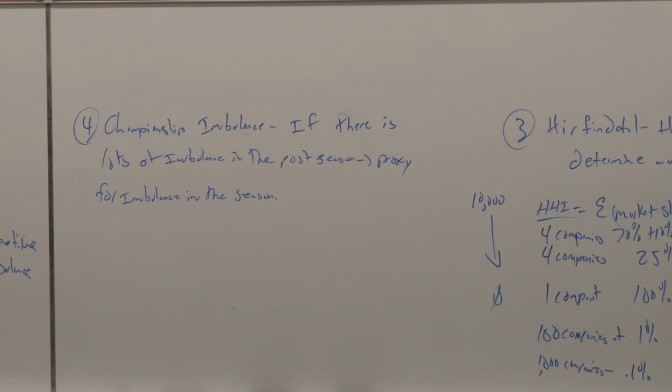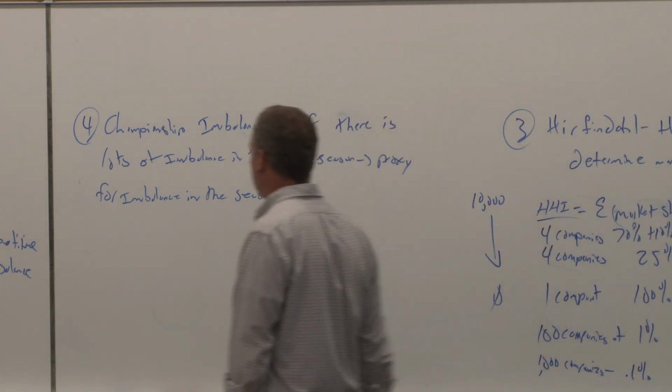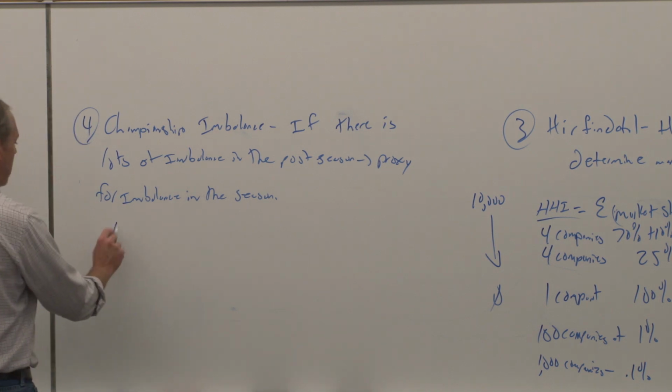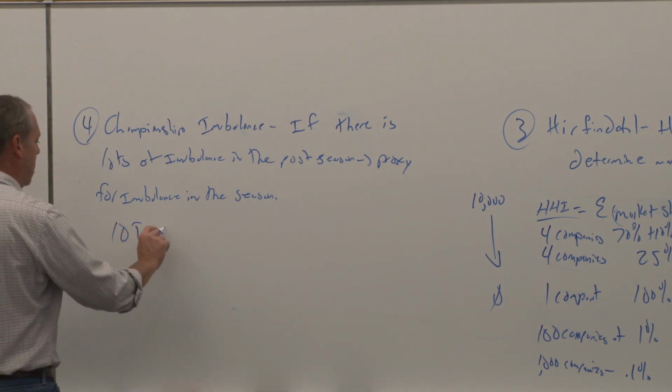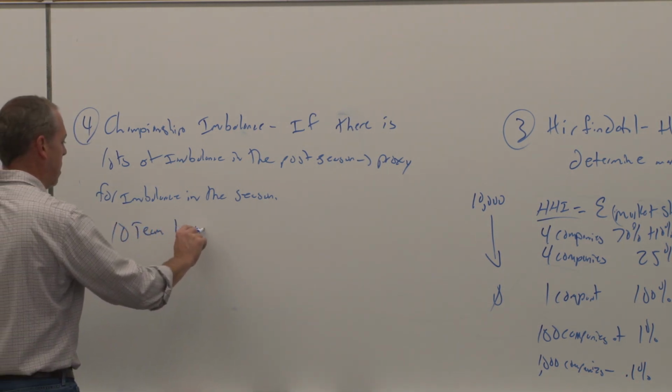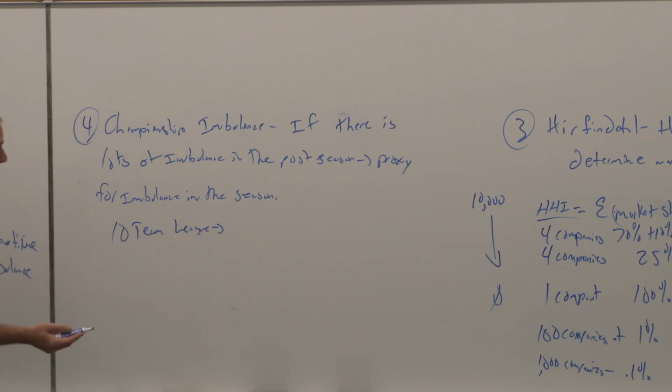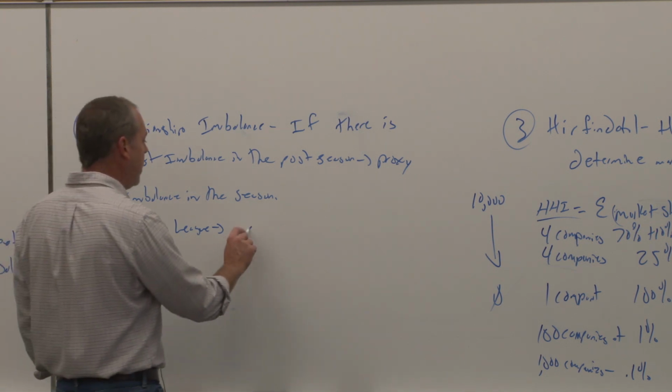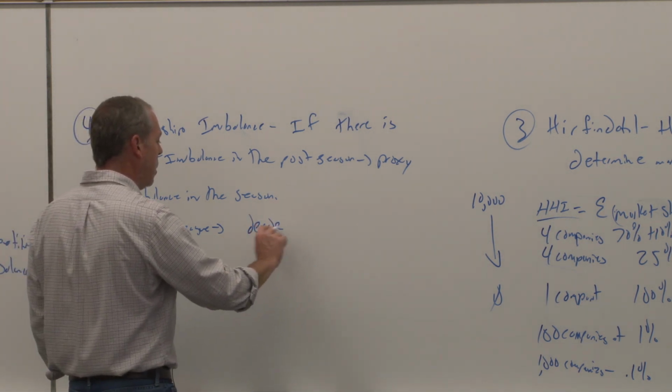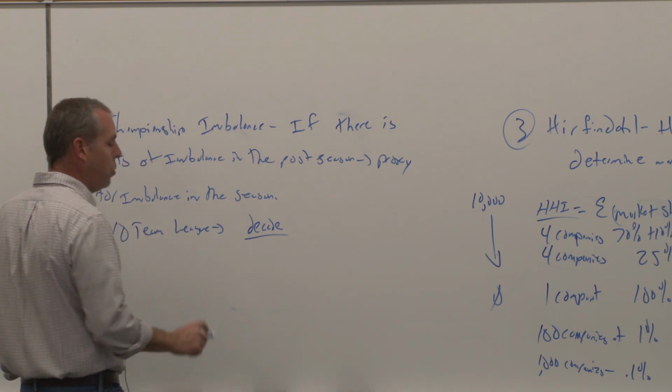So if we have a league that has 10 teams, we should be getting, on average, each one of those teams, if we have perfect balance, in any given decade, what should each of those teams be doing?